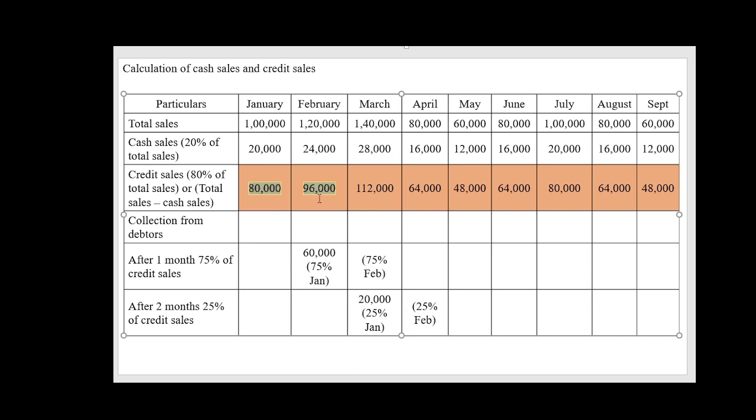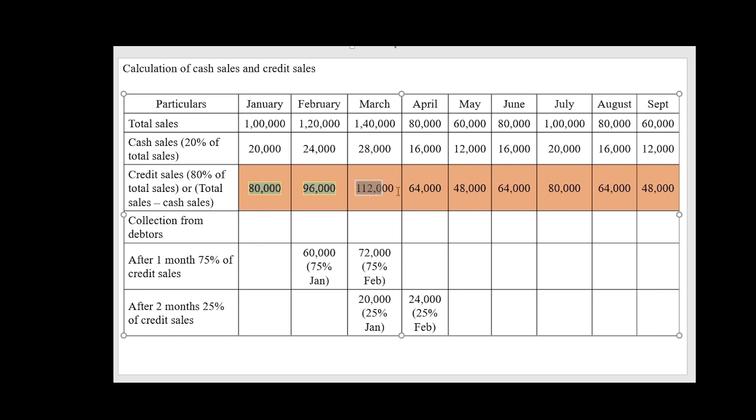Out of this, 75% you're going to receive after 1 month, that is in March, and the rest 25% after 2 months, that is in April. So, how much is 75% of 96,000? It is 72,000. And how much is 25% of 96,000? It will be 24,000.